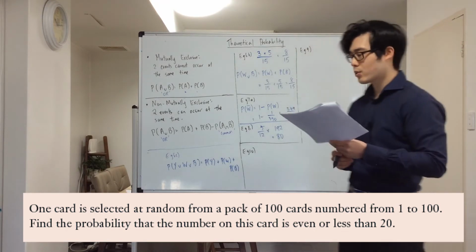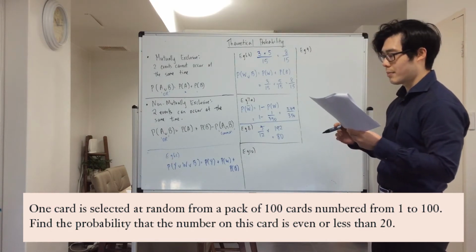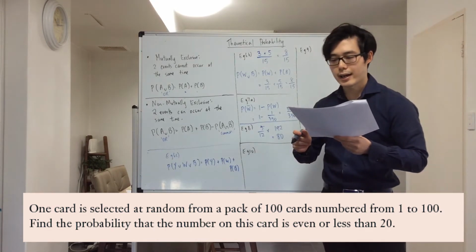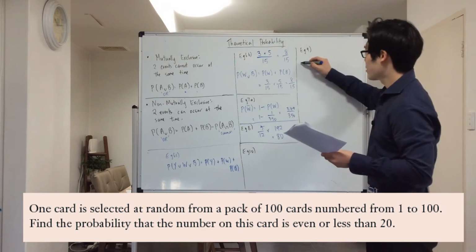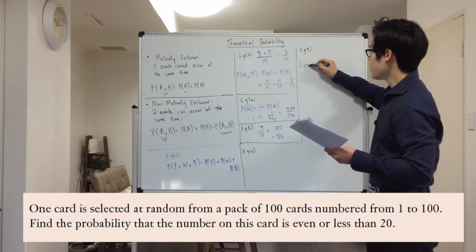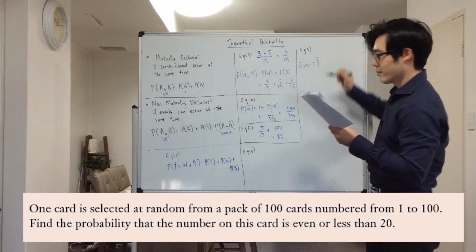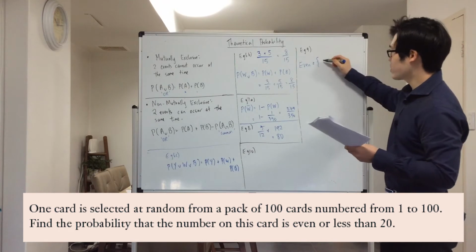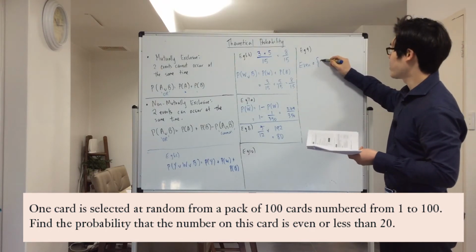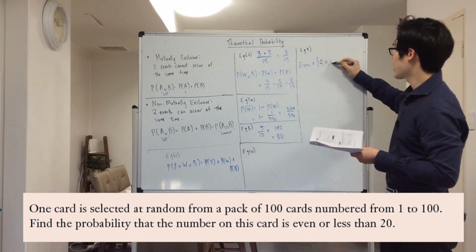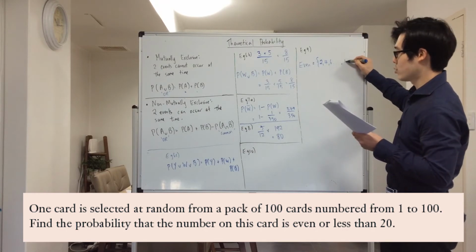All right, so let's start this question off by writing all the numbers where this card can be even. Let's write it in set notation because we've done that from last exercise. For all the even numbers from 1 to 100, obviously I won't write them all, but it's going to be 2, 4, 6, dot, dot, dot, all the way to 100.